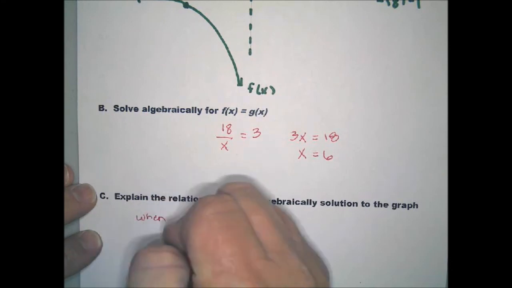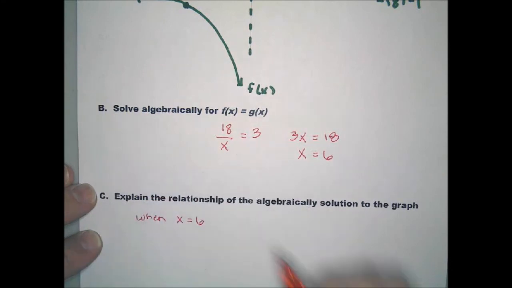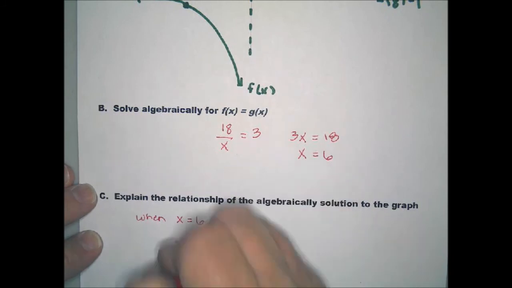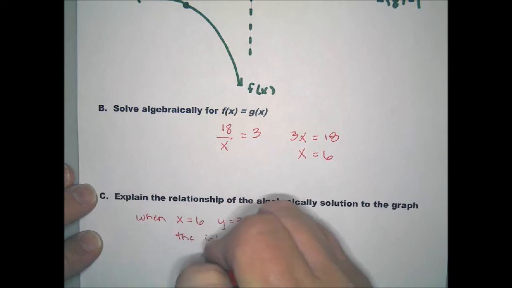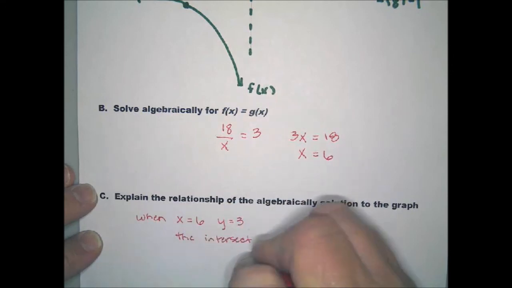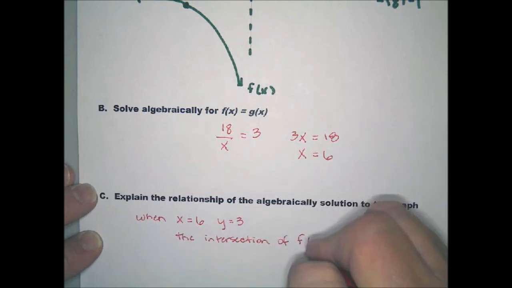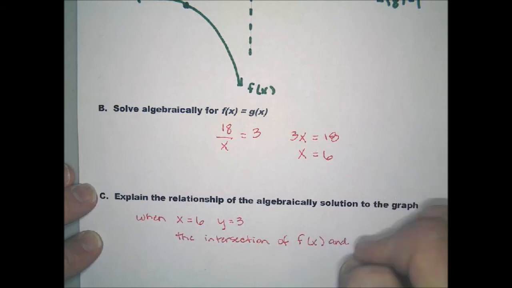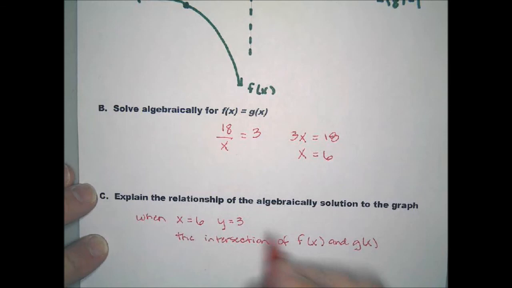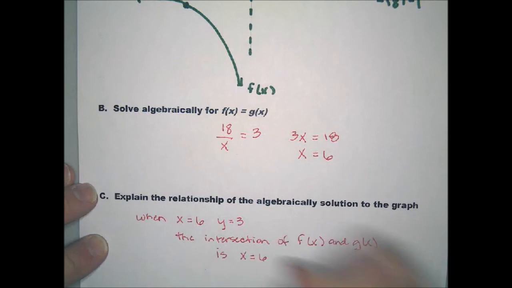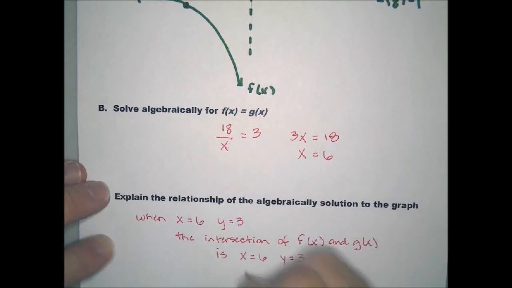When x equals 6, y equals 3, the intersection of f of x and g of x is x equals 6, y equals 3, otherwise known as the ordered pair, 6, 3.